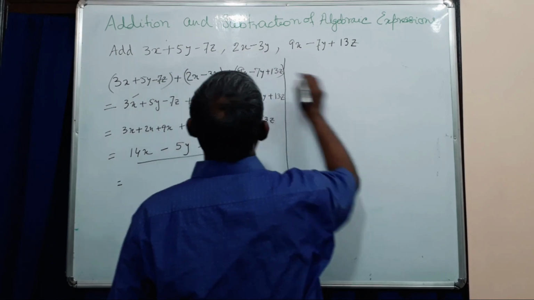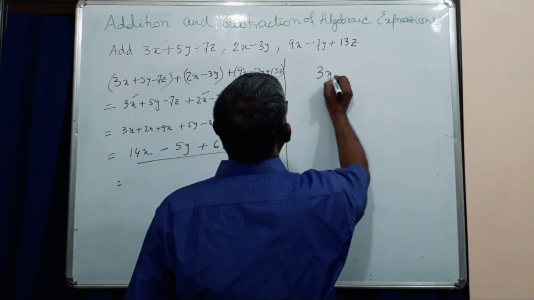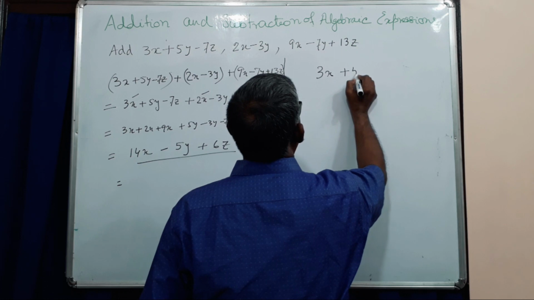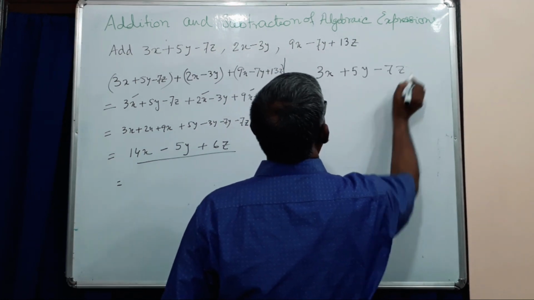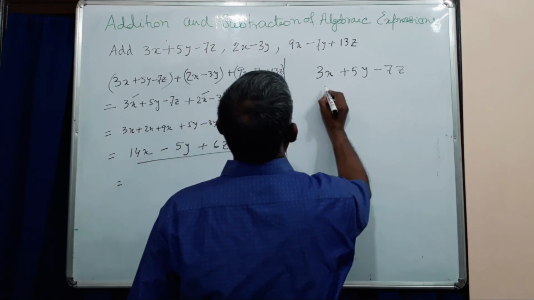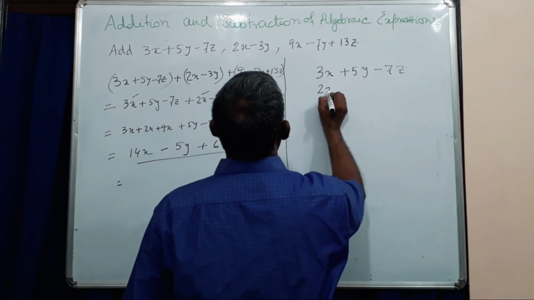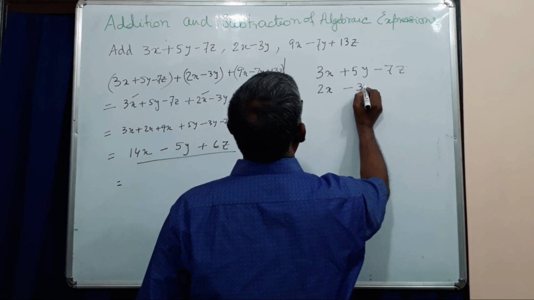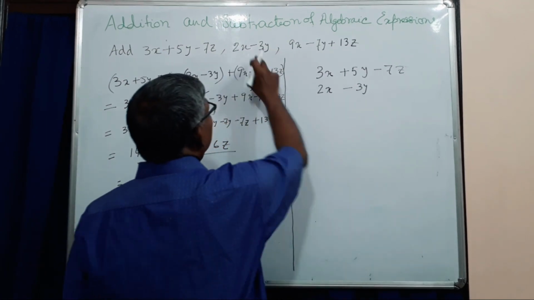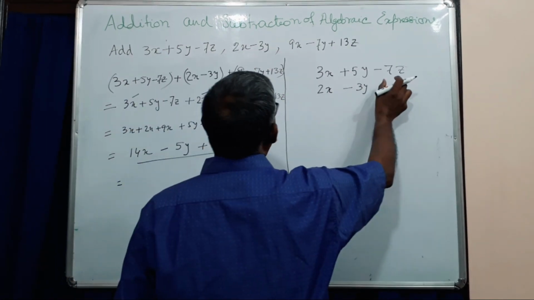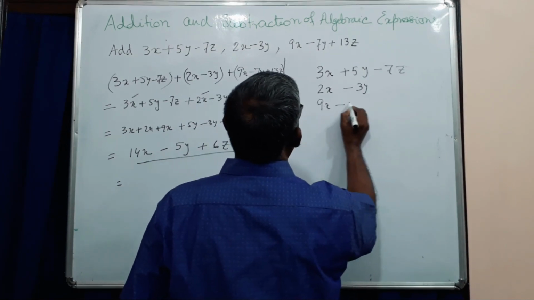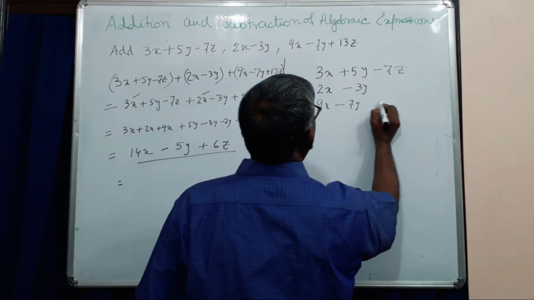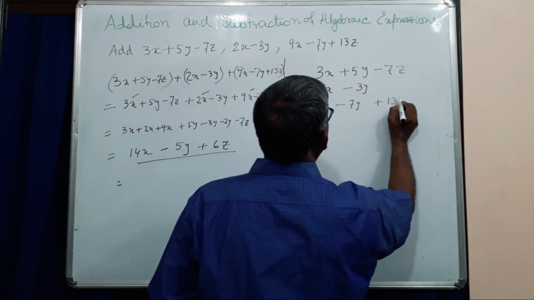First write the first term, 3x plus 5y minus 7z. Here we see 2x minus 3y, no z is there, so it will be vacant. Here 9x minus 7y plus 13z.